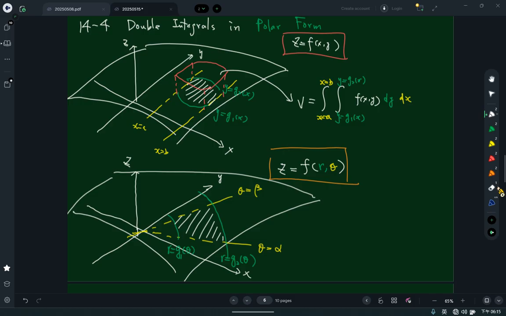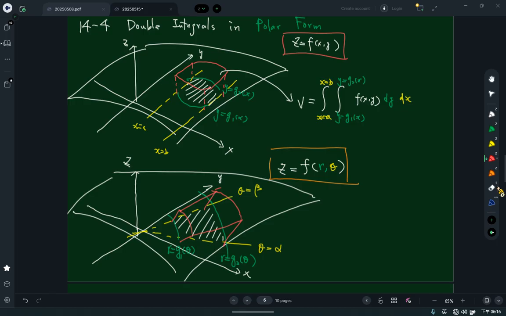Once we map the region onto the surface, the surface may look something like this. Maybe not that accurate, but you can understand.